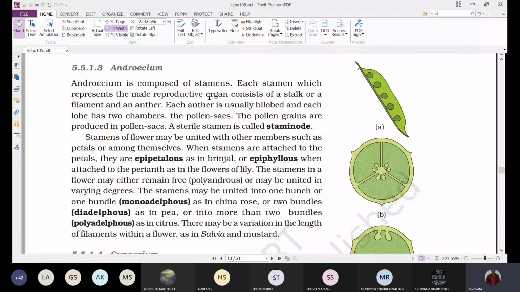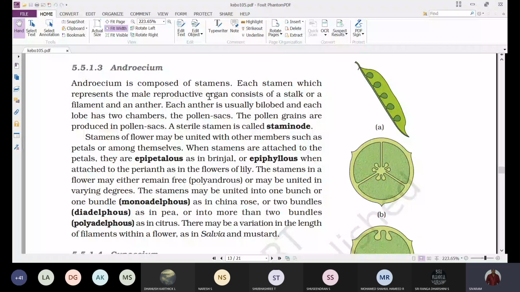What is the function of this pollen chamber? The pollen grains are produced in pollen sacs or pollen chambers or microsporangia.